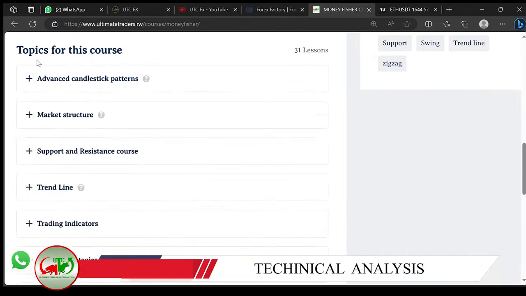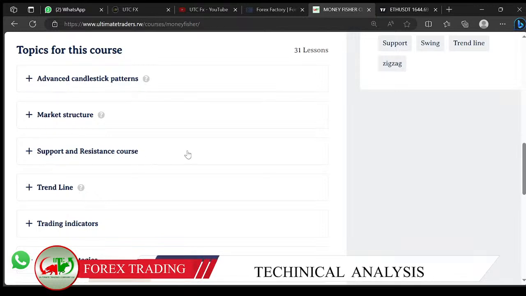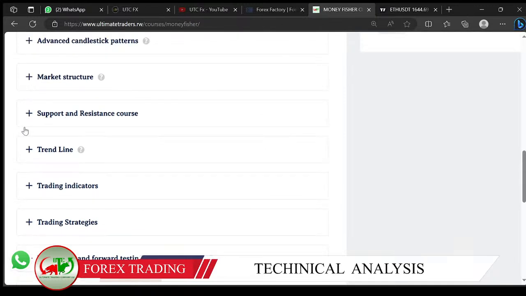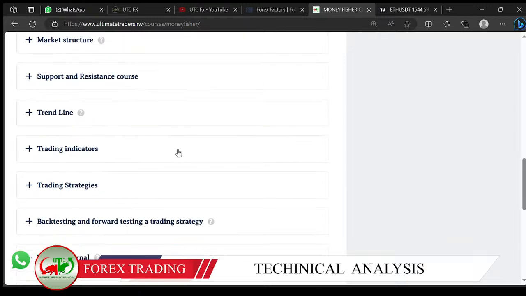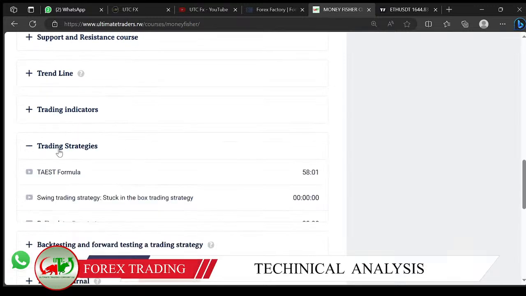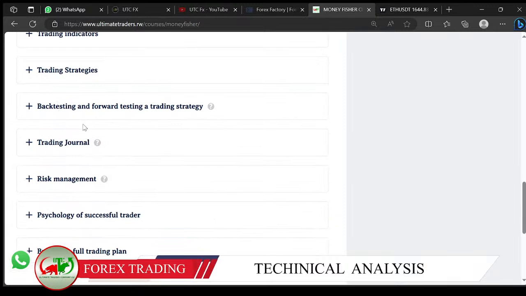Normally, we teach you first of all the technical analysis. This course is here section: advanced candlestick pattern, market structure, support and resistance, trend line, trading indicator. This consists about the technical analysis. After the technical analysis and the price action, of course, we teach you 7 trading strategies which you can use depending on any market conditions.